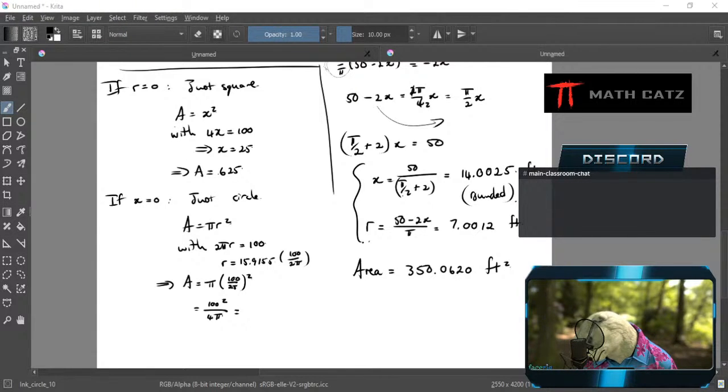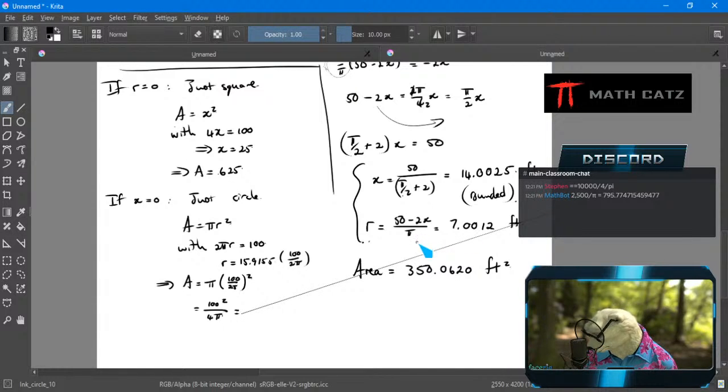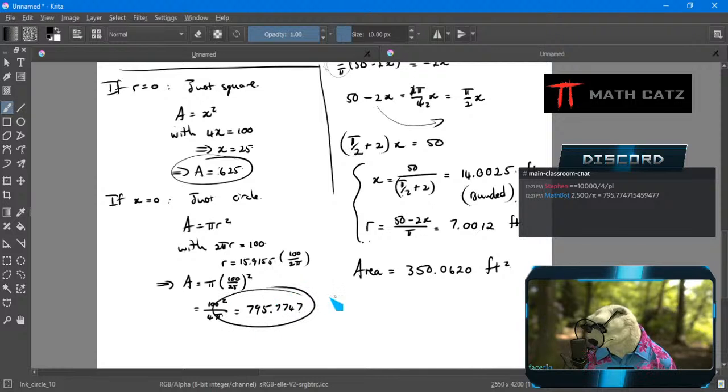Divided by 4, divided by pi, what do we get? Ooh, we get something very nice. 795.7747. So these are essentially the two endpoint values that I have to compare with this guy.